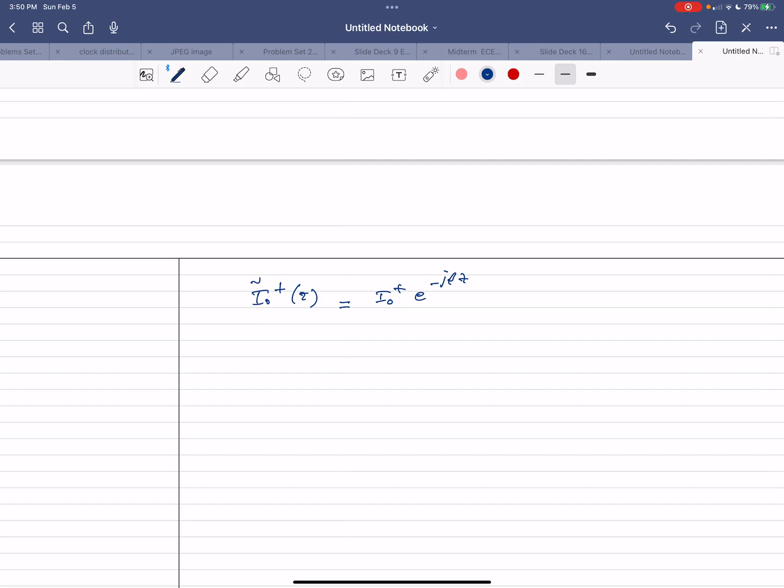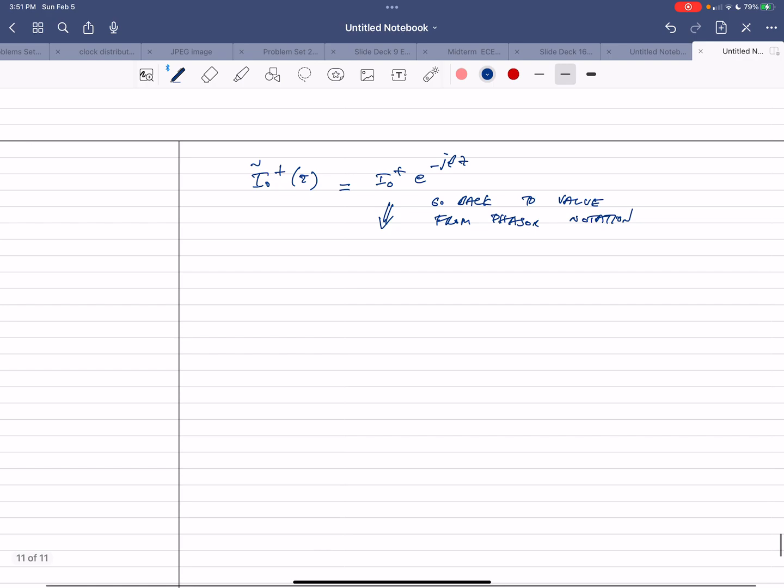When I tell you this is my phasor, let's say I want to go back to my quote-unquote real current now, to go back to the real value from phasor notation. At some point I'd gone from the real function to the phasor notation to do my calculations. I ended up with this in phasor notation.